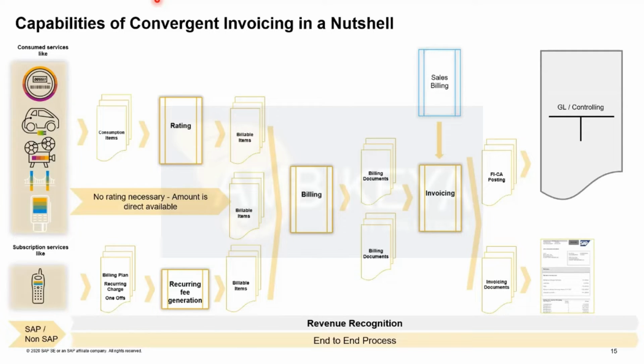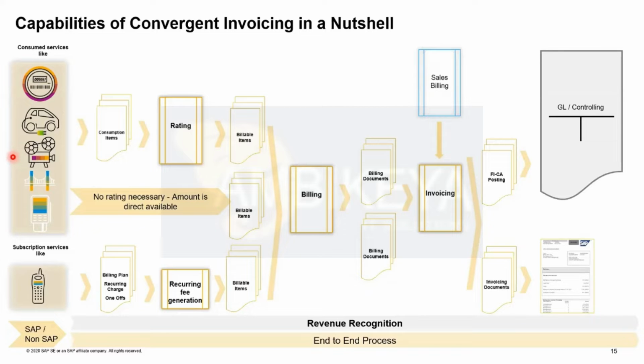So if you look at the left side of the slides, where we see different services from any metering or billing content platform, maybe a download or a digital content, a toll, a mobility service, or a subscription for print or cloud services over a contract term. And this is the differentiator.